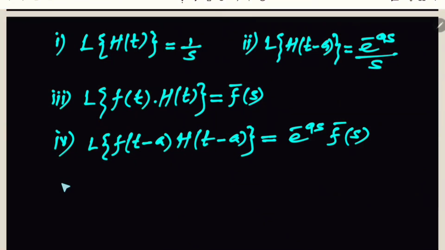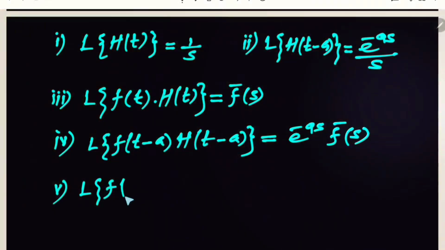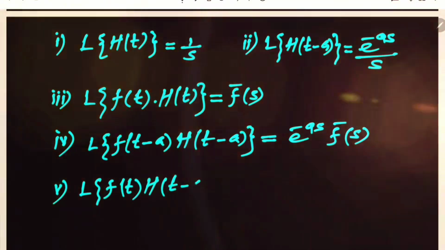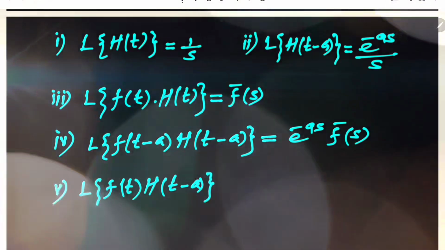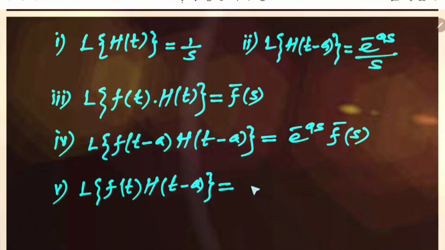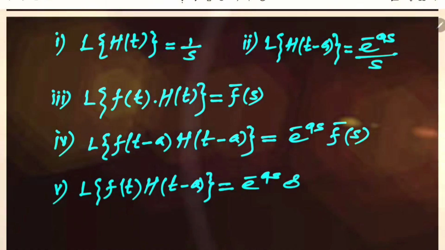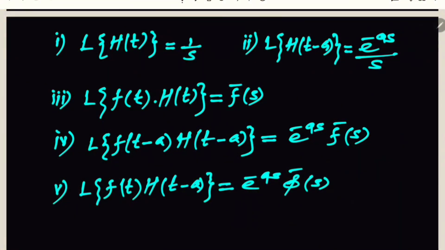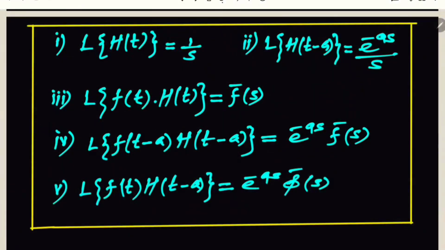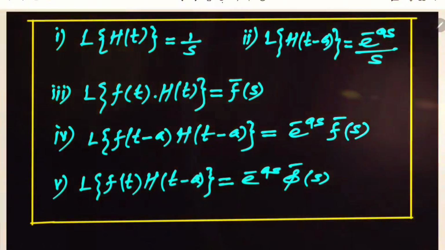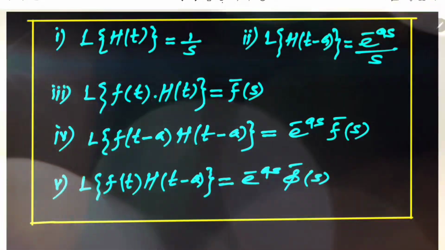Fifth result, Laplace transform of f of t multiplied by h of t minus a as e raised to minus as into phi bar of s. This is the result as per that note. Then remember all the standard results from this section of unit step and displaced unit step function.